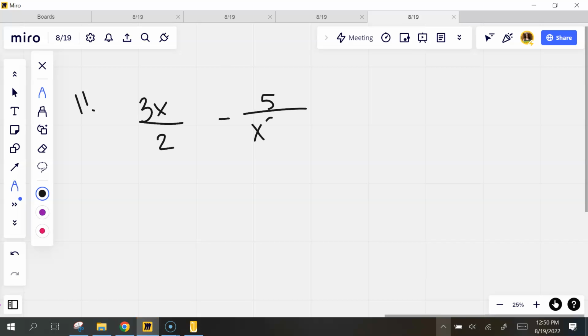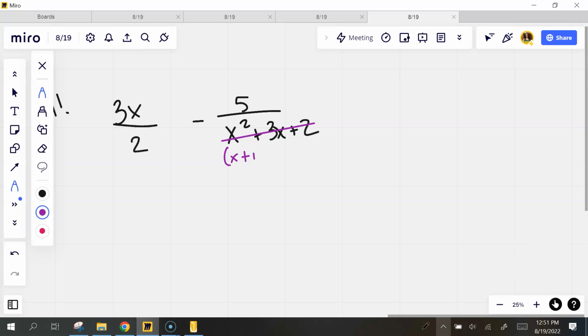Remember, the very first step in all of these is going to be to factor completely, okay? Do you see anything here that can be factored? What does it become? Now, here's where things get confusing. I am adding or subtracting fractions, right?